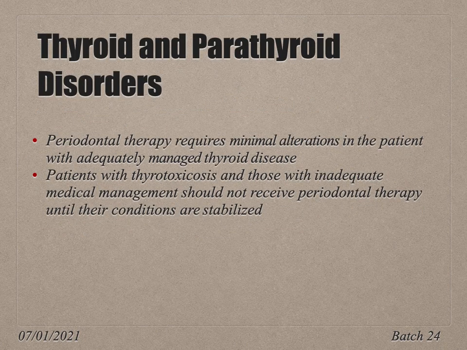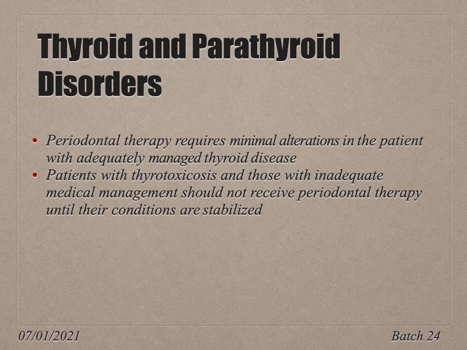Next systemic disease is thyroid and parathyroid disease. Periodontal treatment requires very minimal alterations in patients with controlled thyroid diseases. If the patient is uncontrolled or has thyrotoxicosis, then you have to first treat the medical condition before you treat the patient for periodontal therapy.